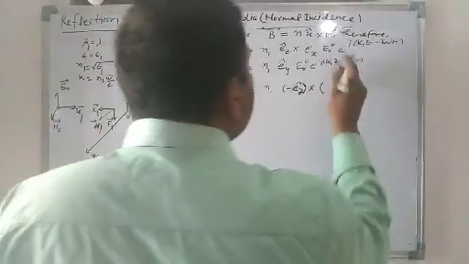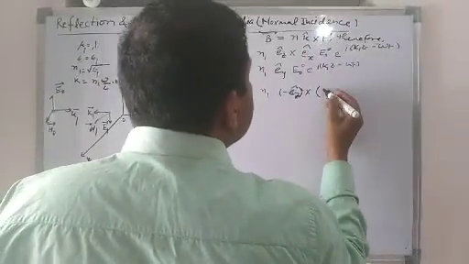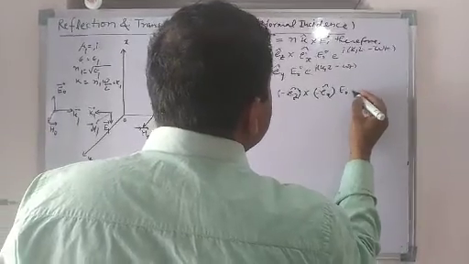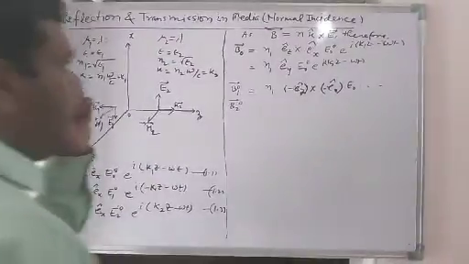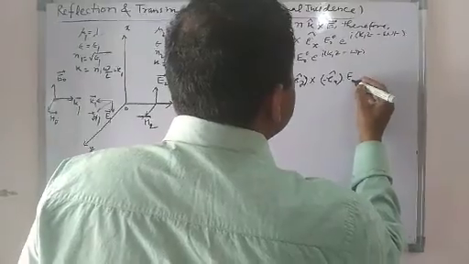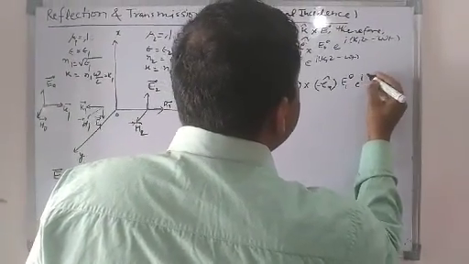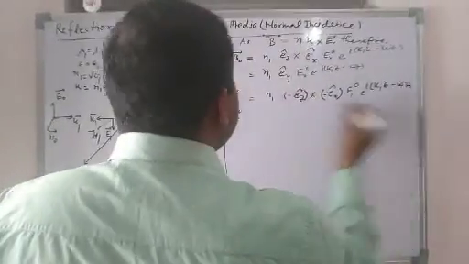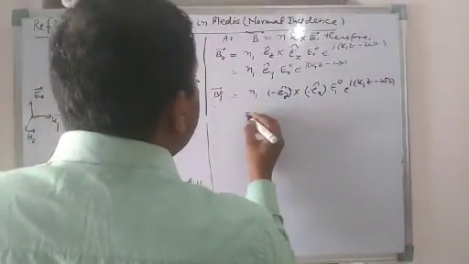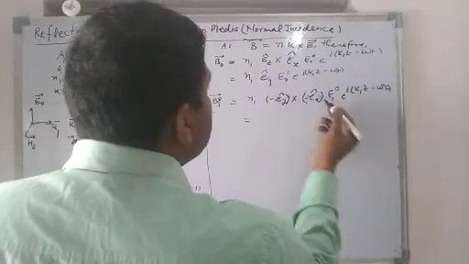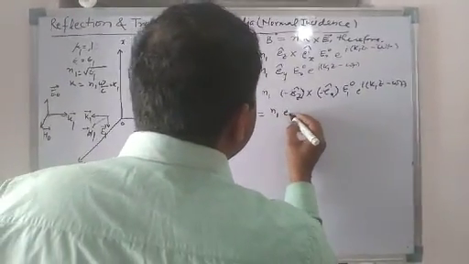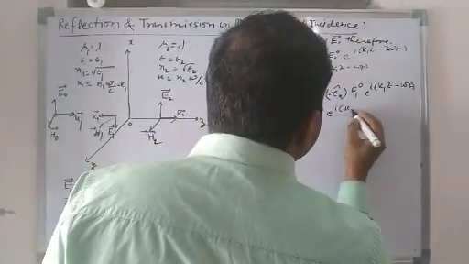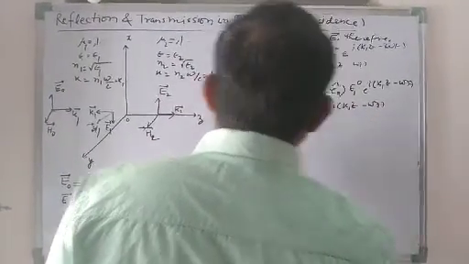So that's also minus Ex hat, and then we will have the whole thing E1 naught e to the power i(K1 z minus omega t), and therefore this is going to be equal to, well, minus minus plus, and zx is y, so n1 e to the power y E1 naught e to the power i(K1 z minus omega t).